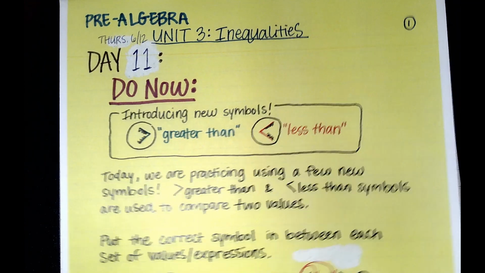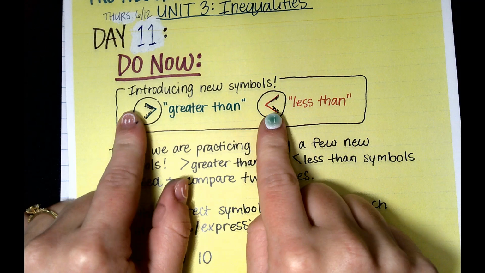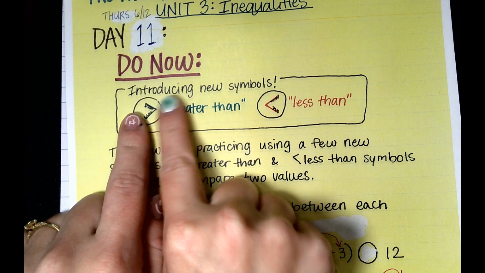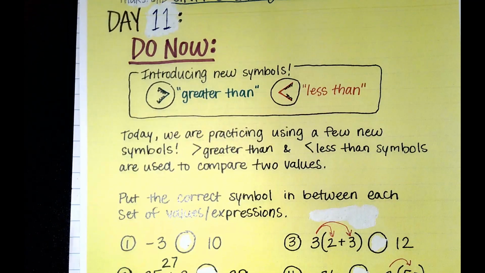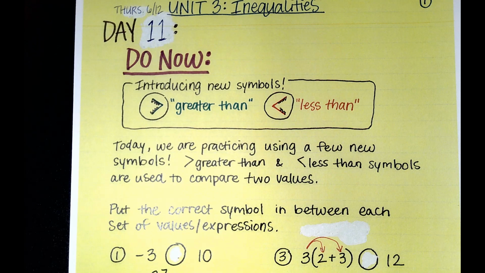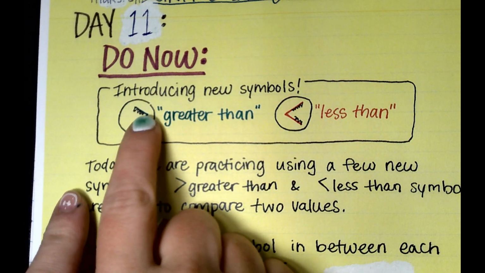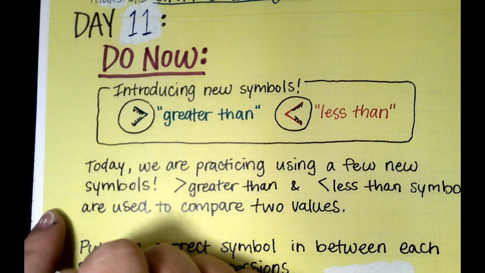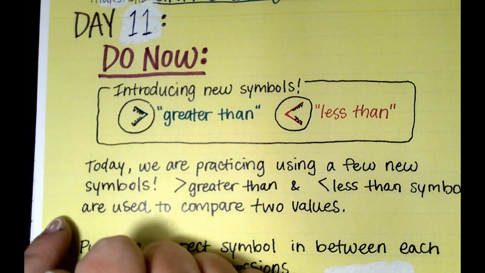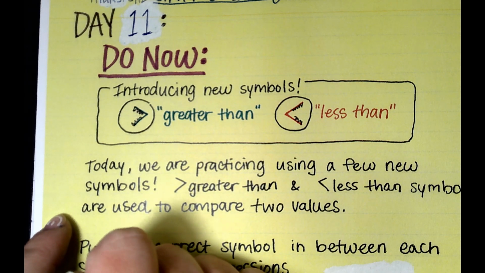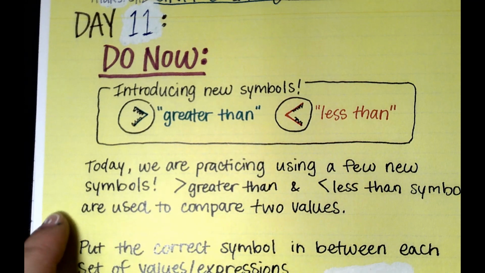But before we do that, I put in your do now introducing new symbols. The first symbol I wanted to show you is this symbol right here. Now I drew some little teeth in the symbol to make it look like an alligator, and I'll tell you why in a minute.